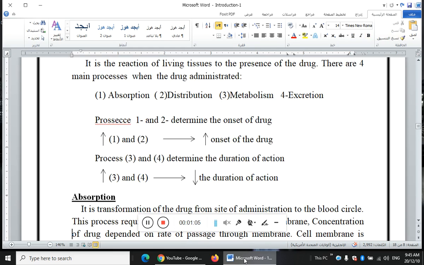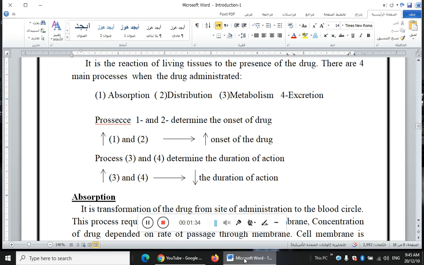Absorption and distribution determine the onset of the drug. What we mean by onset of the drug is the beginning of the action of the drug. So when absorption and distribution increase, the onset of the drug will increase also, and vice versa.